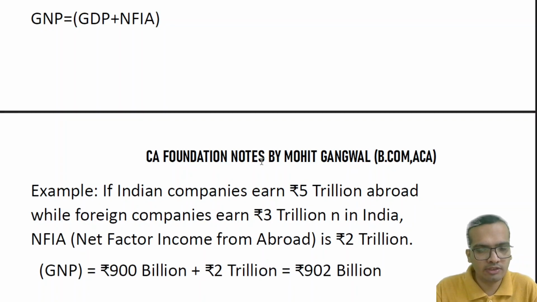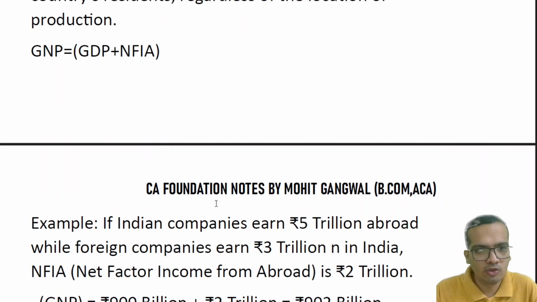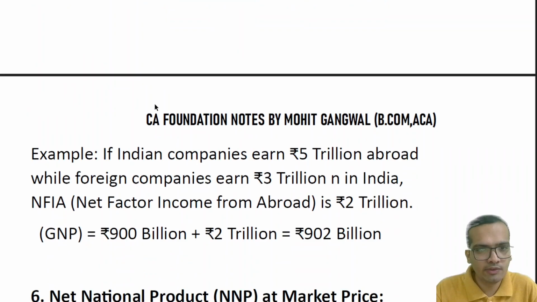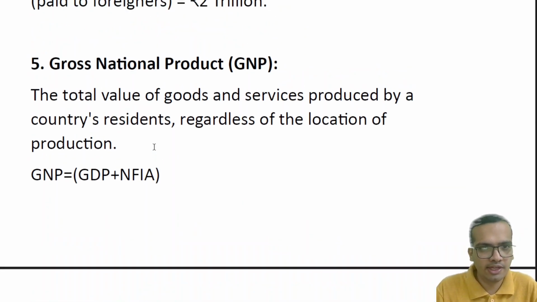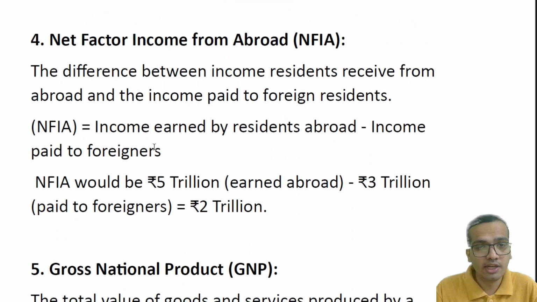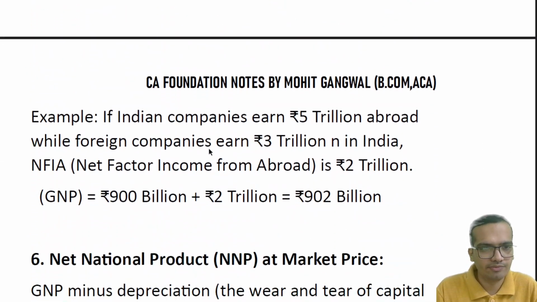Here is one more example, continuing the above. In our case GNP will be 900 billion plus 2 trillion, that's 902 billion. I think there is a numerical error, I will correct it. Just understand it: GNP is nothing but GDP plus NFI, meaning net factor income from abroad.